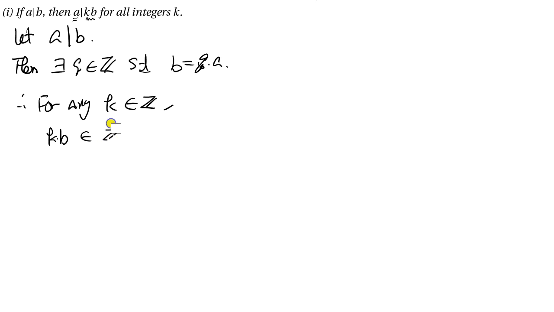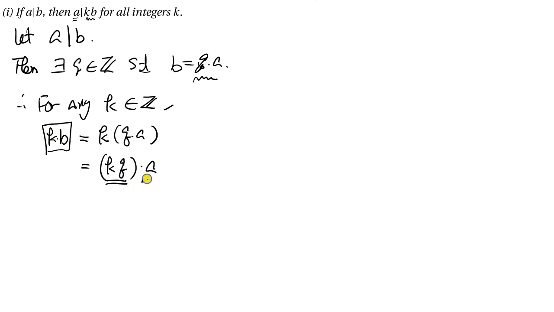So we don't need to mention that, but make sure of that. So that can be written as K times, instead of B, we can put Q times A. K times Q times A, right? So that one big number equals this number times A.